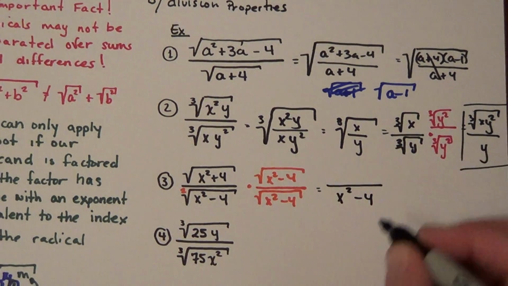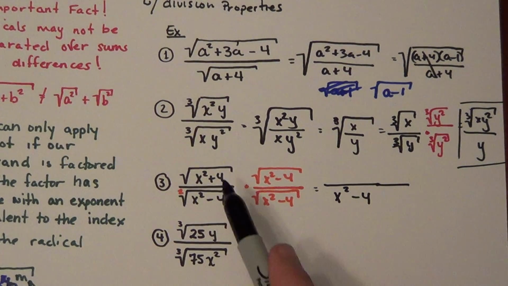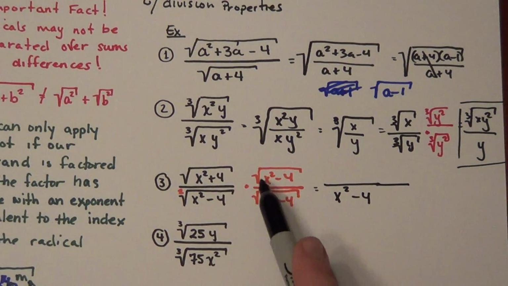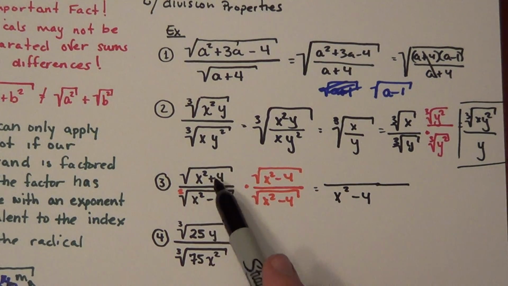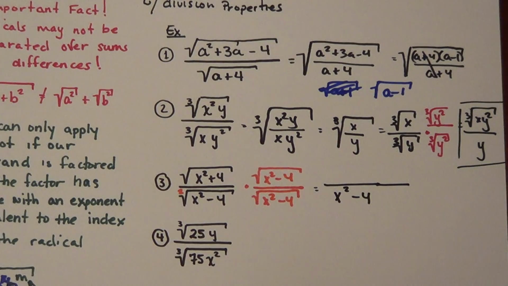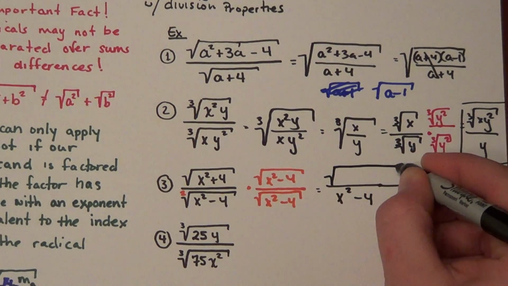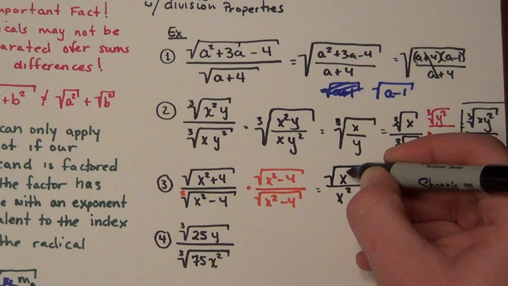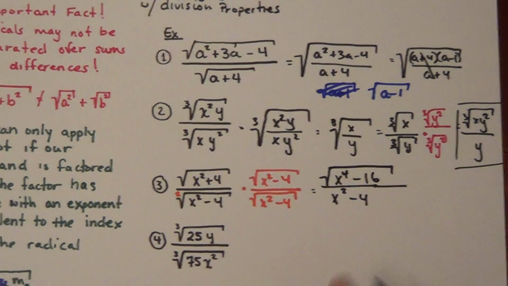And in the numerator, I'm left with the expression, well, I have the radical of x squared plus 4 times the square root of x squared minus 4. Well, x squared plus 4 and x squared minus 4, I hope you all do know that that is the same exact thing as having the square root of x to the 4th, minus 16.